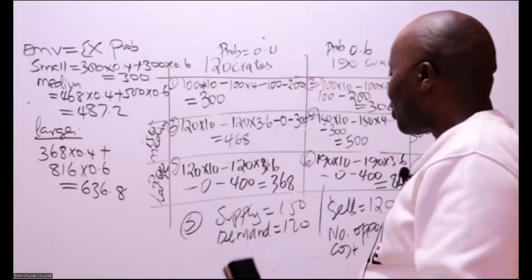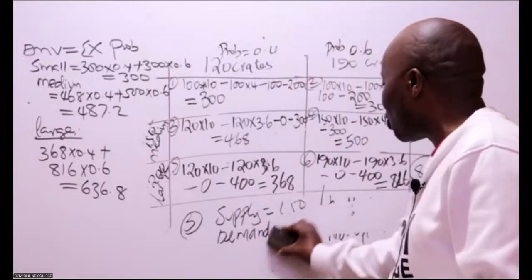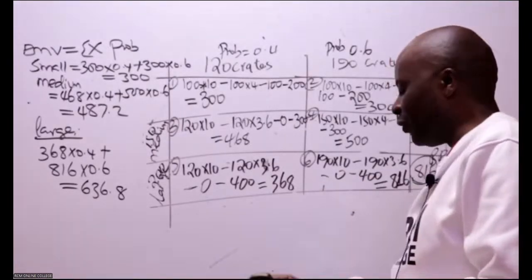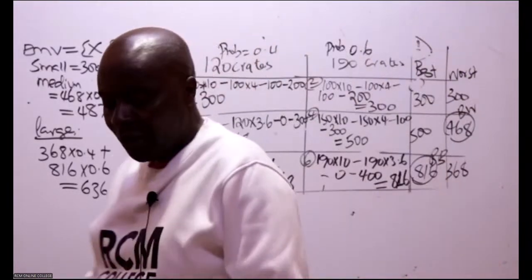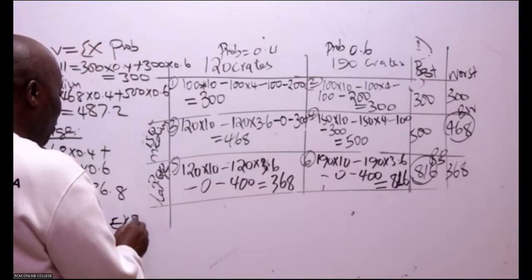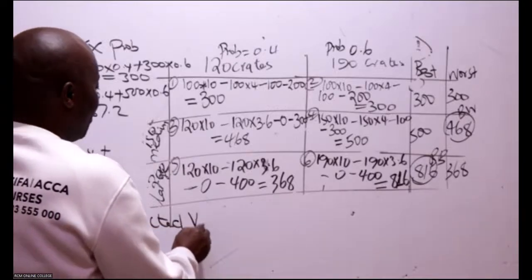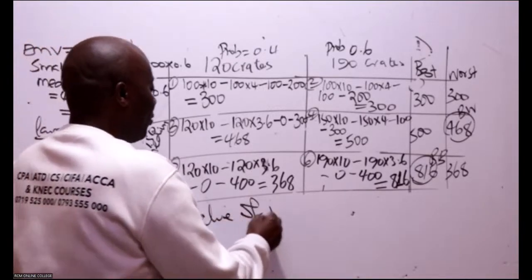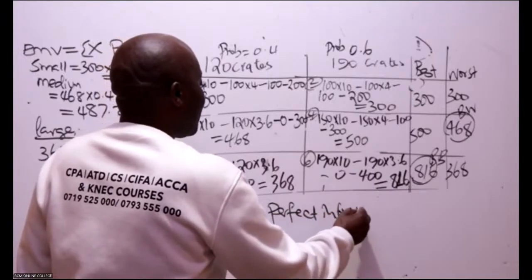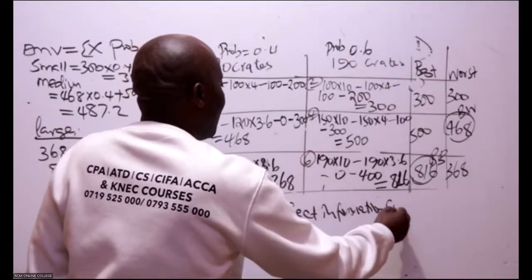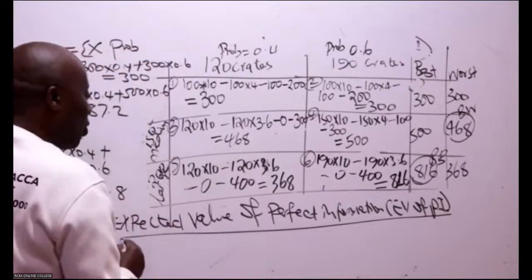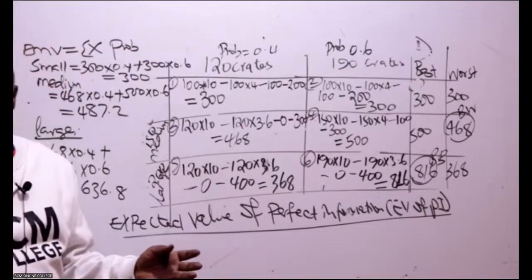They never asked us to do this, but it's very important for me to show you this concept of expected value of perfect information. Ladies and gentlemen, instead of us just guessing in the darkness, at times it is important for us to go and get an expert, like the broad-based government.